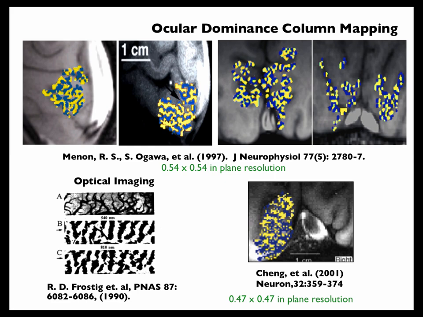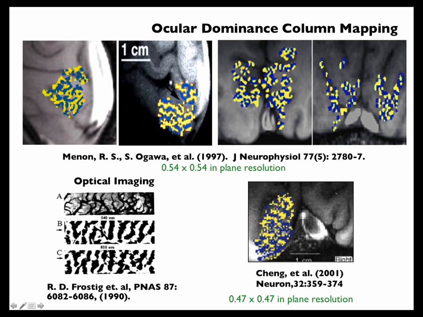Both of them were a tour de force, comparing to optical imaging, a technique I did not talk about that much. Essentially, it looks at the reflectance of light with blood oxygenation, and also with blood volume, so you can see both.